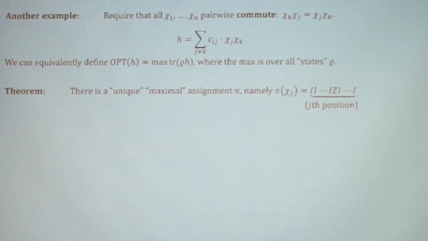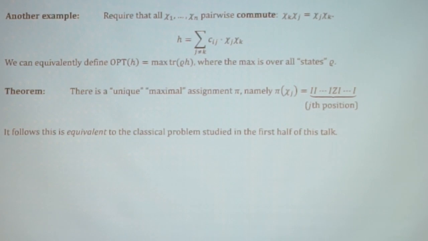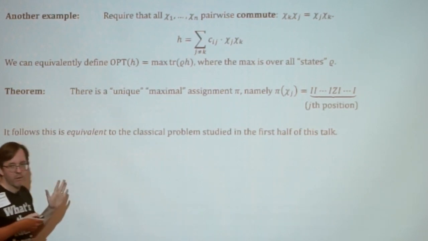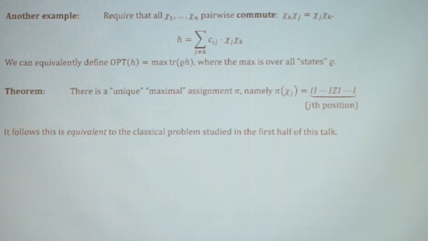These are n matrices that all pairwise commute. Because of this, it follows that the classical problem we studied in the first half of the talk is equivalent to this optimization problem in the land of polynomials, where you don't think about assignments or matrices too much, you just think that the symbols commute and square to 1, the identity.